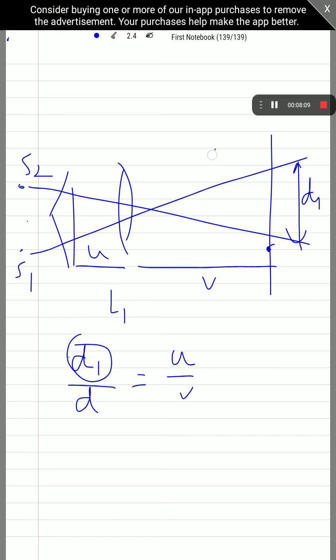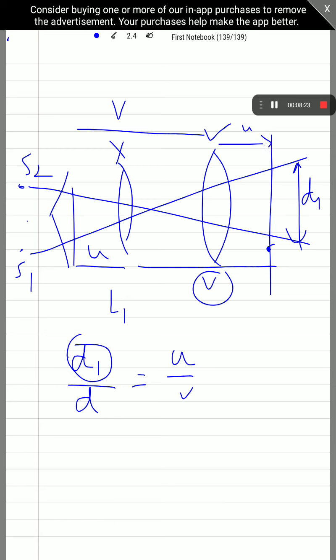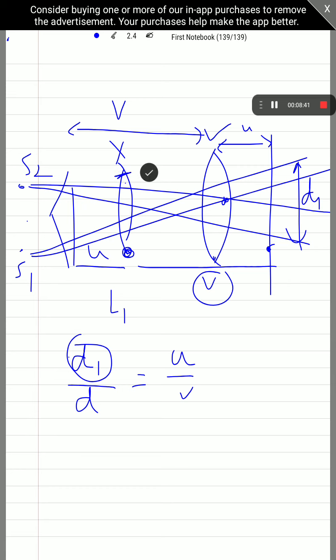Likewise, I'll put this lens somewhere here. I will remove this and apply this. This is so chosen that this distance equals V and this distance equals U. The lens from this point is now positioned at that point. When light goes, it will be like that, and it will cross this point. So this lens is not here. Now this distance becomes D2, the distance between the two points S1 and S2.